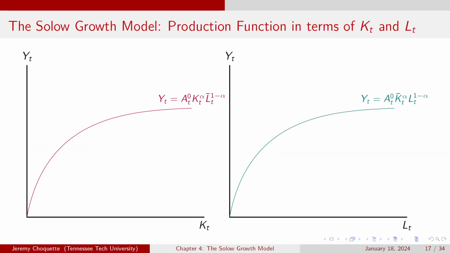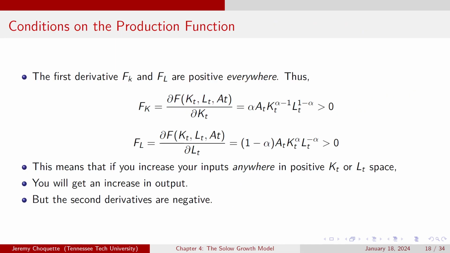If you were to look at the production function in terms of capital and labor, it's increasing everywhere, but moving outward starting from 0, you'll see that the slope is decreasing. Each additional unit of capital or labor is adding to production, but it's adding less to production.